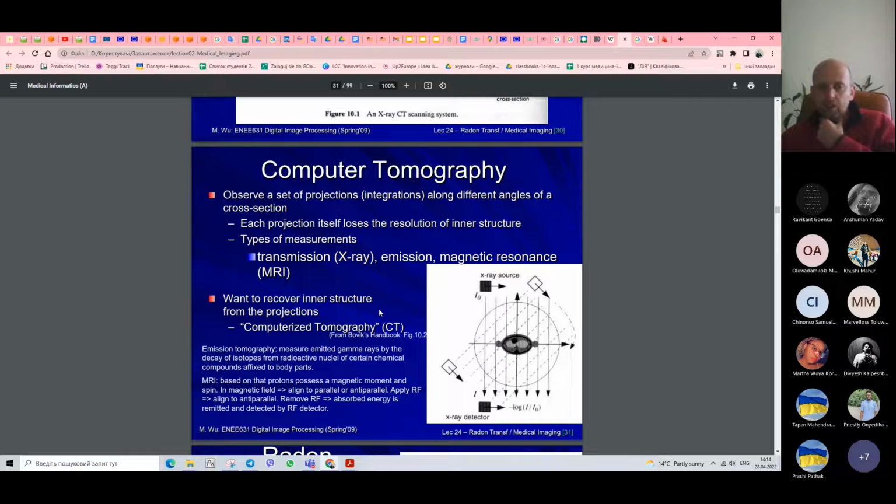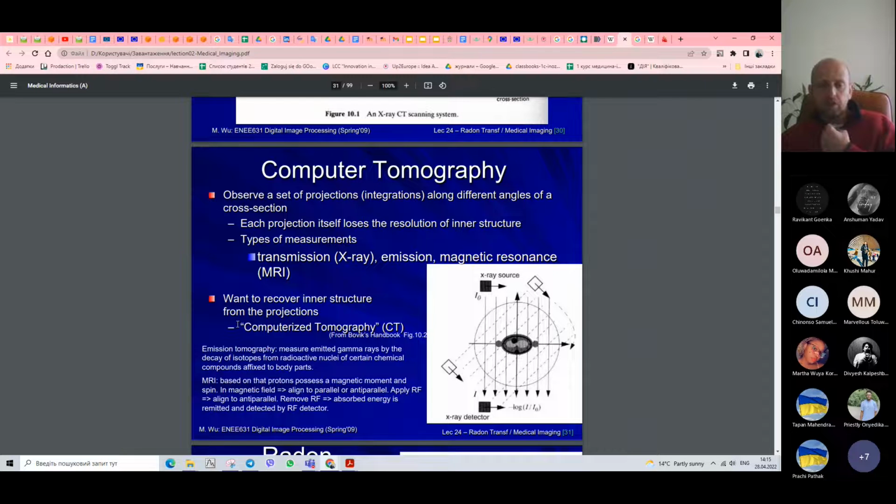Each projection itself loses the resolution of the inner structure. Types of measurements: transmission X-ray, emission, magnetic resonance MRI. It works by these principles. How to recover the inner structure from the projection?